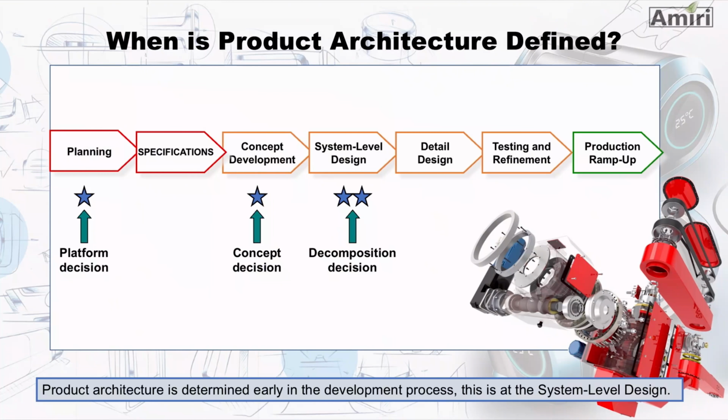Looking at when to expect the product architecture to start being defined and shaping up: it starts taking shape during concept development through sketches, function diagrams, and possibly any prototypes you make at that stage. Whether it's fully defined at this stage depends on the maturity of the core technology.